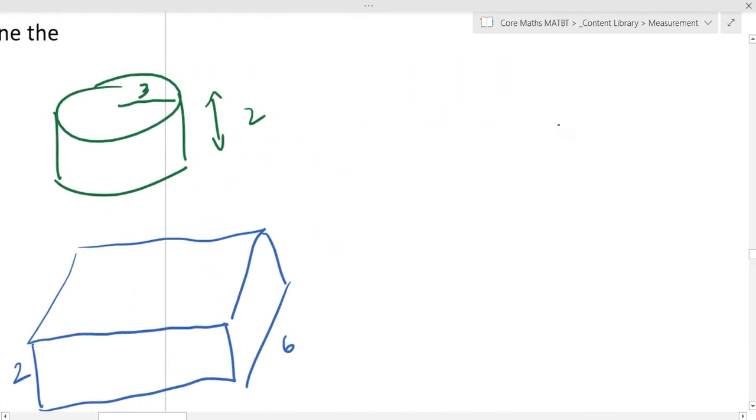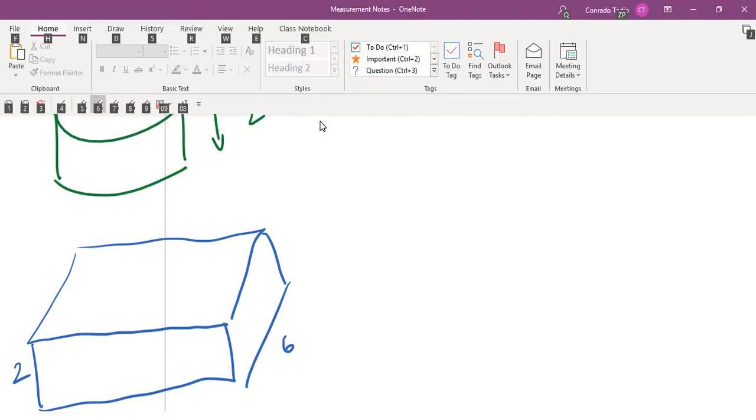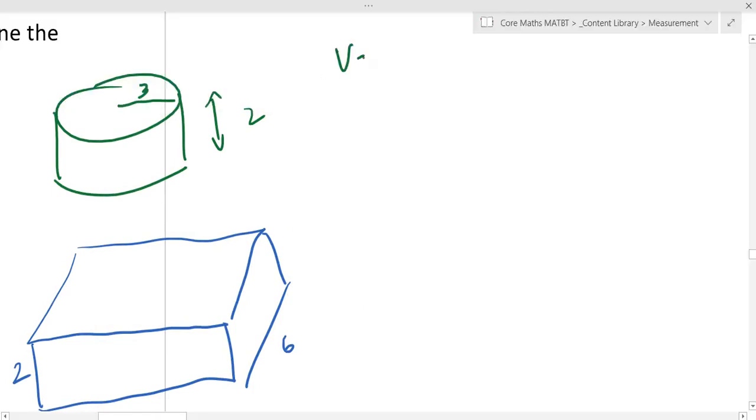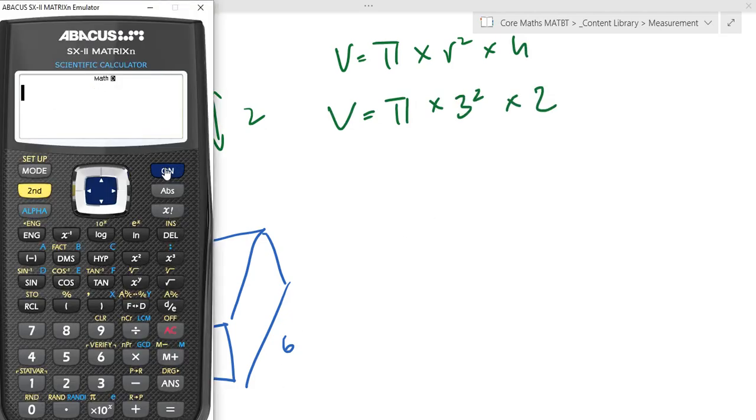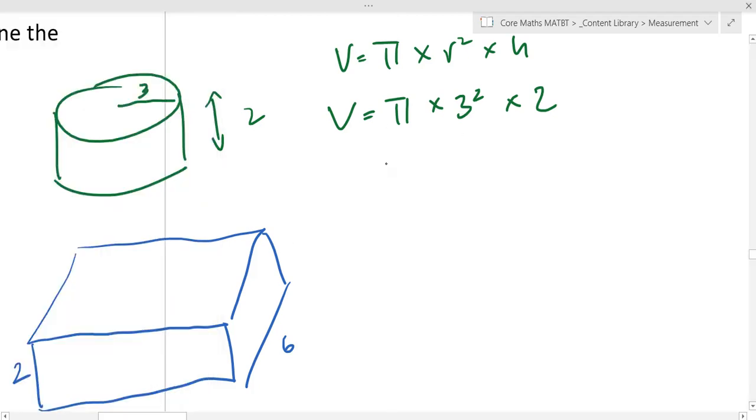So therefore the volume, for the cylinder, the volume again would be pi times radius squared times the height. So it would be pi times 3 squared times 2. On my calculator, pi times 3 squared times 2, which equals 56.55.